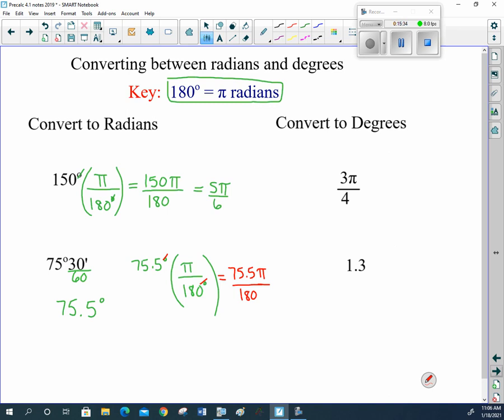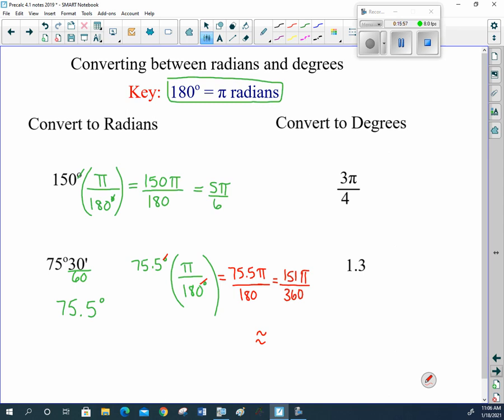So with this one right here, if we wanted to get rid of this decimal, we could multiply both the top and the bottom by 2. We could double it, and we would end up with 151 pi over 360. So that would be considered pi radians. Now, if you wanted to work it all the way out as a decimal, this is an exact answer, 151 pi over 360 radians.